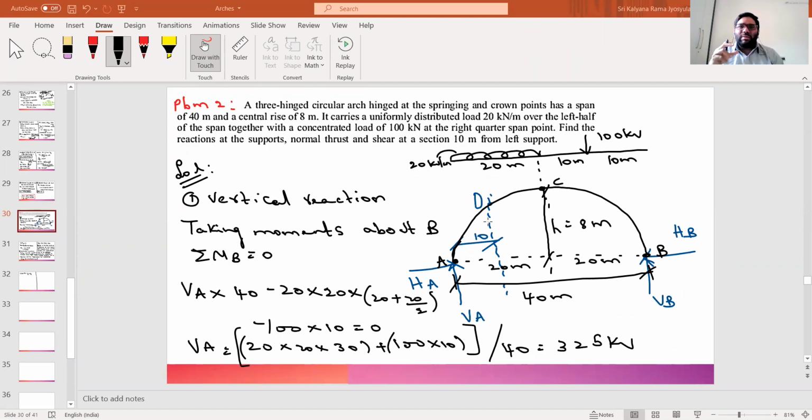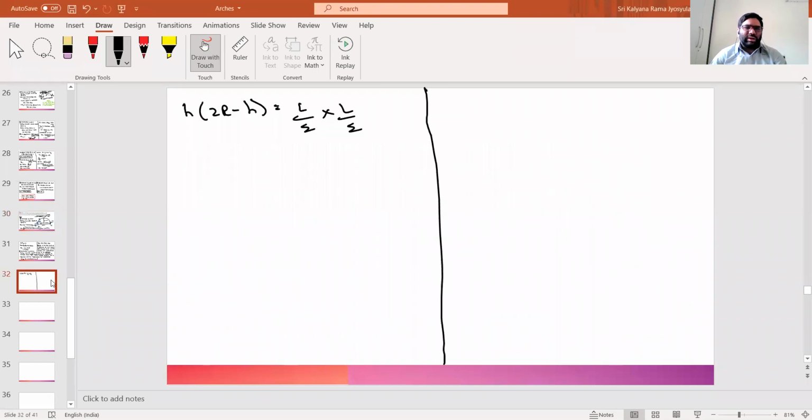So equating the length and the radius of the circle, we get the value. That's what we need to calculate. This is the basic property of the circle which we generally study in our first to 10th standard. So what is h?